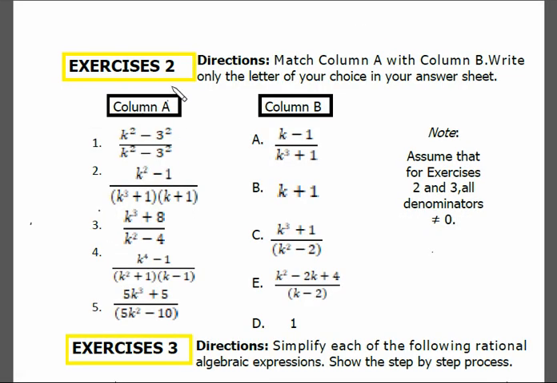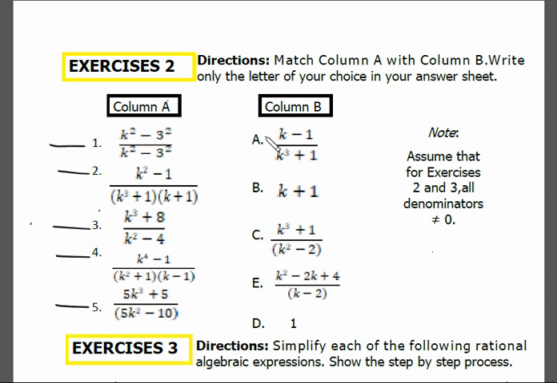We move on to exercise number 2. Directions: match column A with column B. Write only the letter of your choice in your answer sheet. Now let me answer it here. So I'll just provide a space here for 1, 2, 3, 4, and 5.